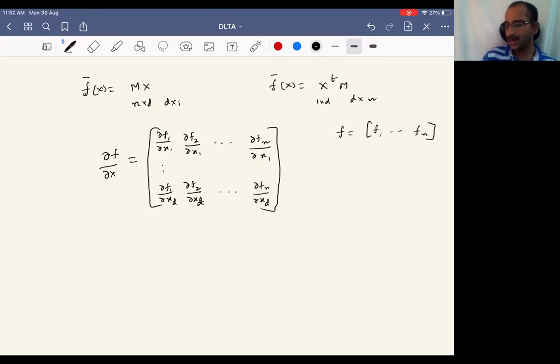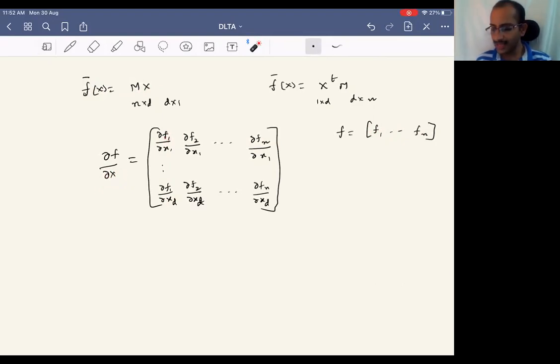So what I'm doing here, it may be a little easier to see this way: dou f1 by dou x1. What I'm trying to find is the rate of change of a vector valued function f of x with respect to another vector x.